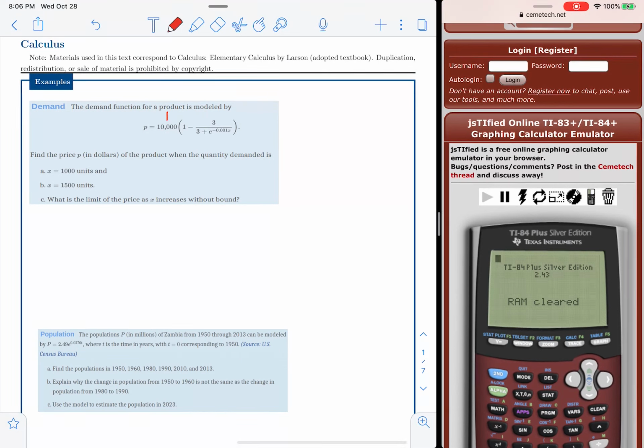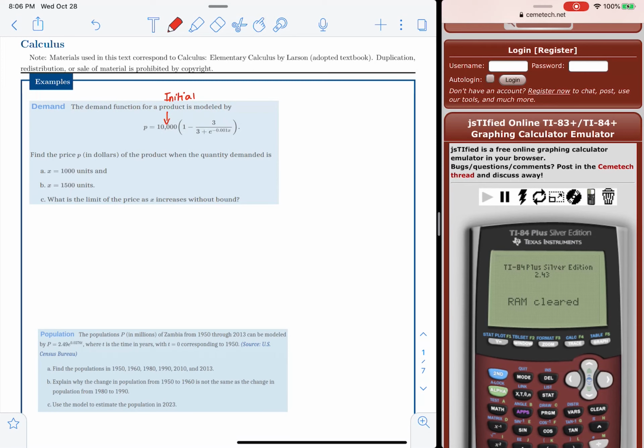So if we understand the behavior of this particular function, we would know what happens over time.